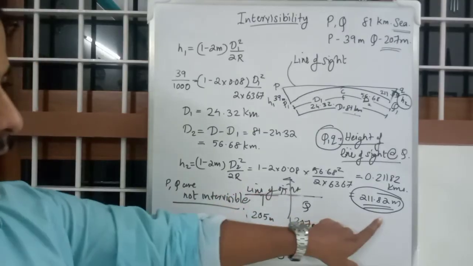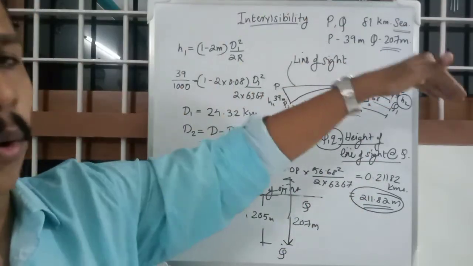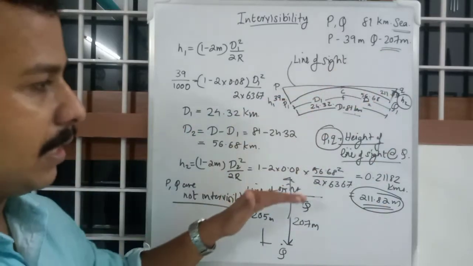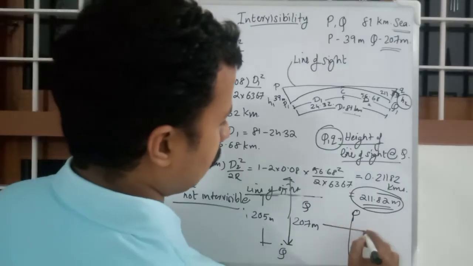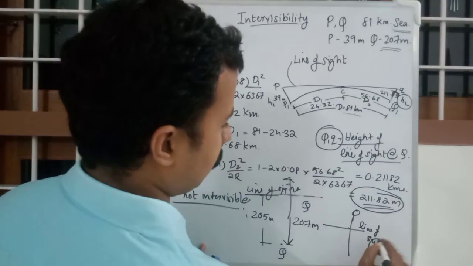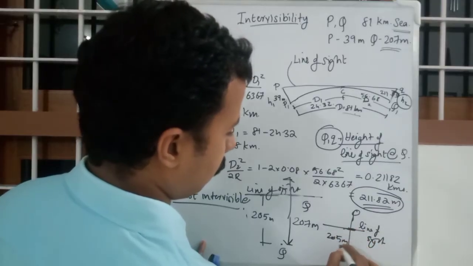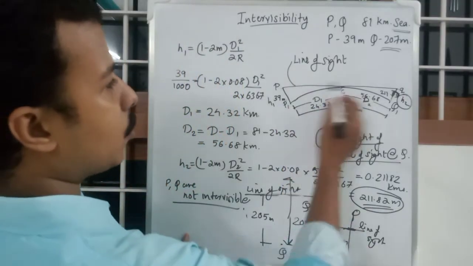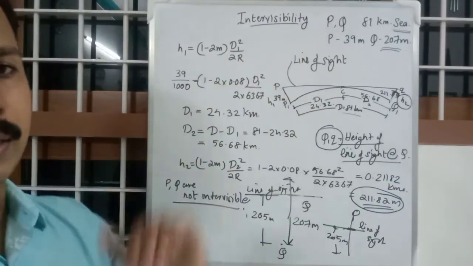As the line of sight we calculated was bigger than actual Q, line of sight was passing over Q. If it was lesser than 207, it will be touching. If Q was like this, line of sight will pass like this, and you could see P and Q very easily. From P, Q will be intervisible.